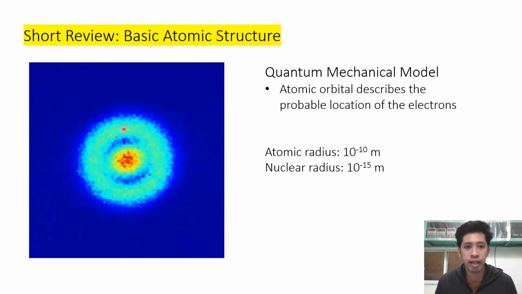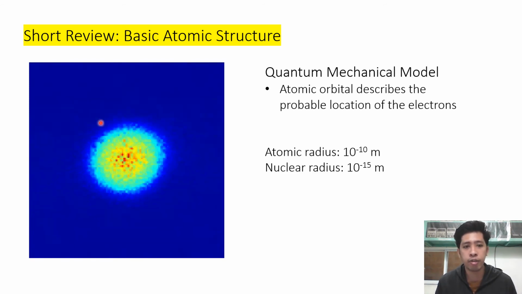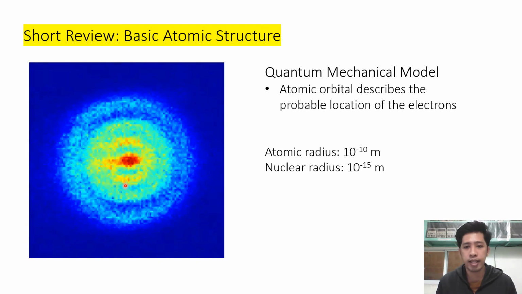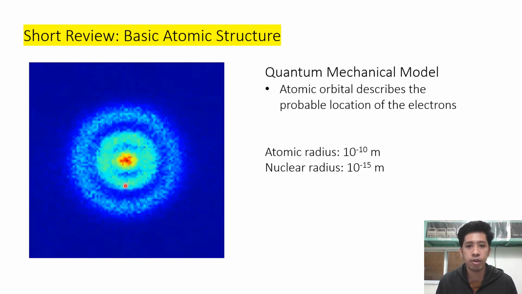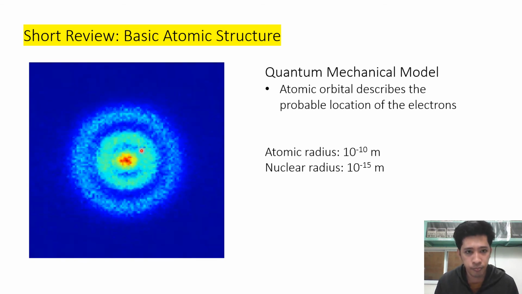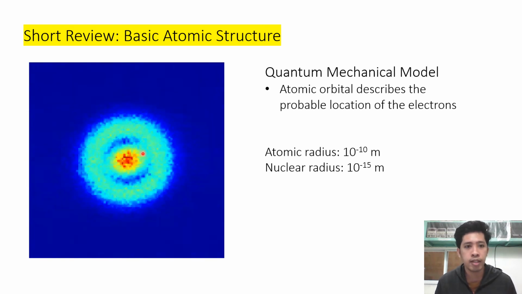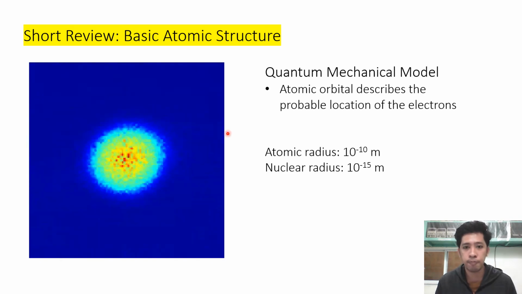What we actually have is an atomic orbital, where in each atomic orbital there is a probability of finding an electron at that specific orbital. You call this the electron cloud. So it's not orbits, but electron clouds that can be seen in the atomic structure.